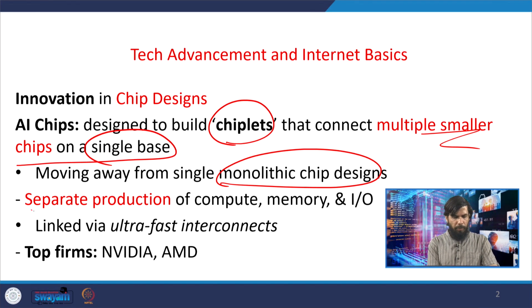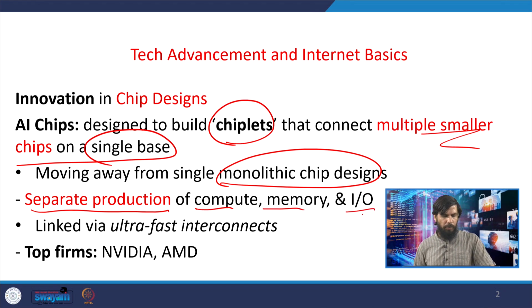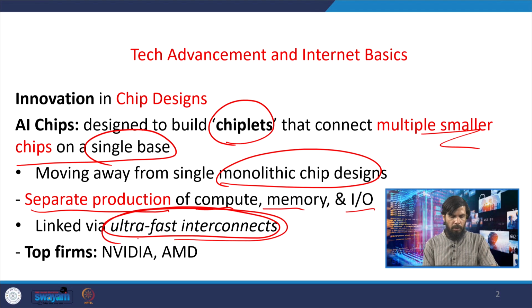Separate production of different components that are part of the chip, such as compute, memory and IO, can happen, and they can be linked via ultra fast interconnects, so that there is no issue in terms of speed or performance.